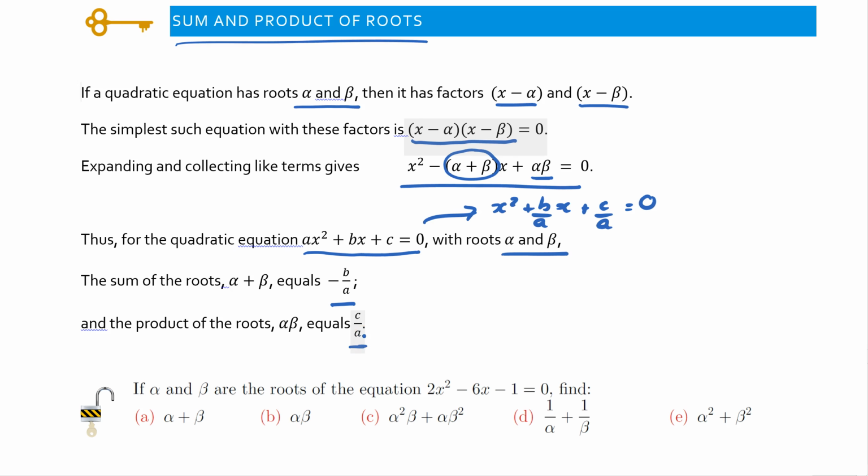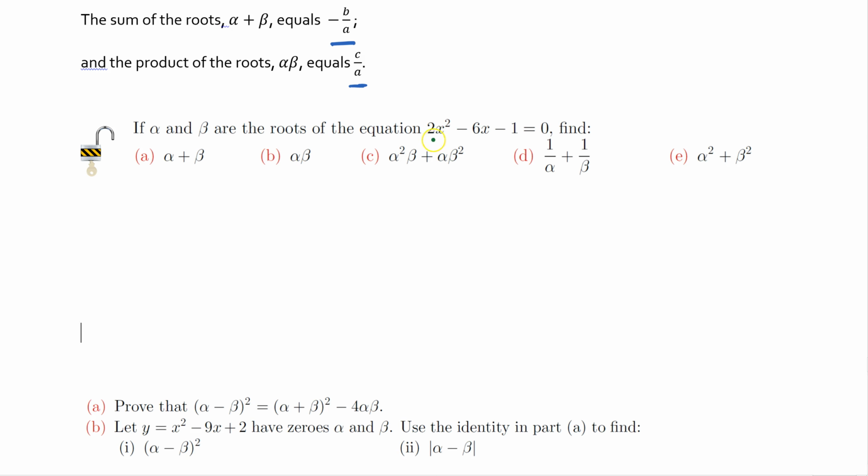Now that's the part that we just have to know automatically, and the exercises in 2 unit are generally of the type shown below here. So if we have our quadratic equation 2x squared minus 6x minus 1 equals 0, we can see a is 2, b is minus 6 and c is minus 1. So alpha plus beta, the sum of the roots.